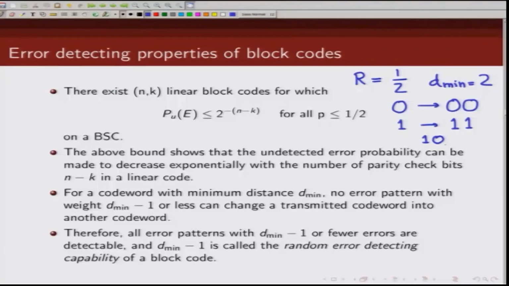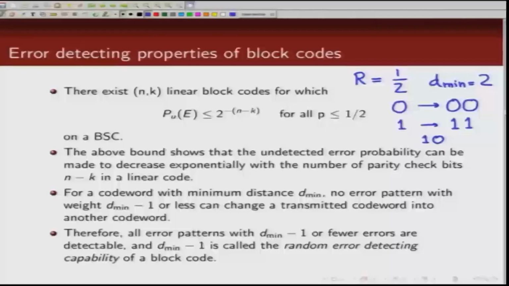Yes, we can, because since it is a rate 1/2 repetition code, what we expect is we expect to receive either 0 0 or 1 1 if we transmit this code word over a binary symmetric channel. But what we have received is 1 0, which is neither 0 0 nor 1 1.